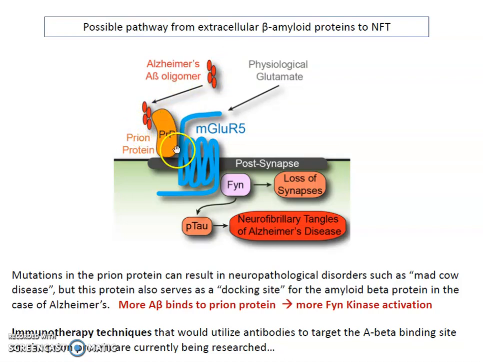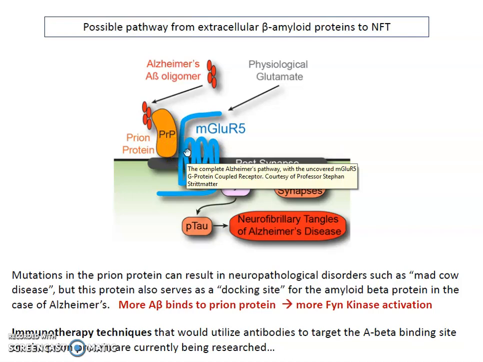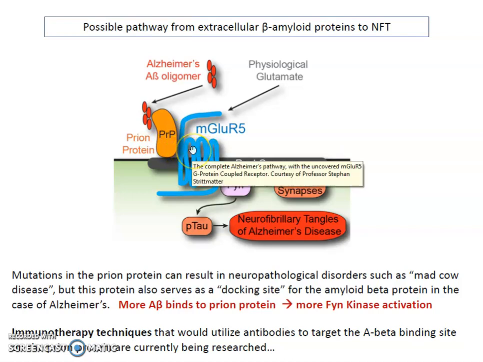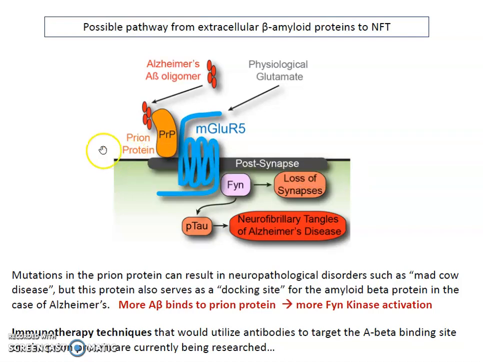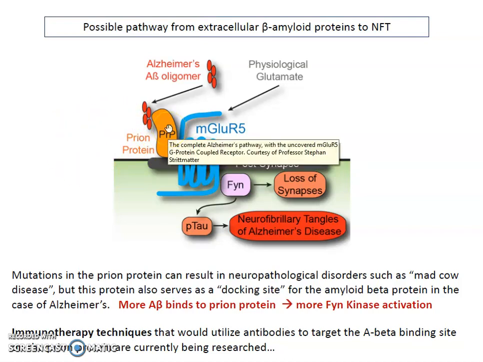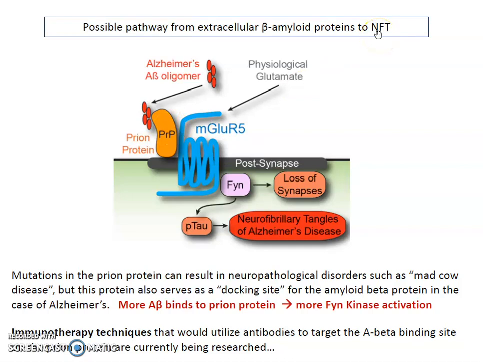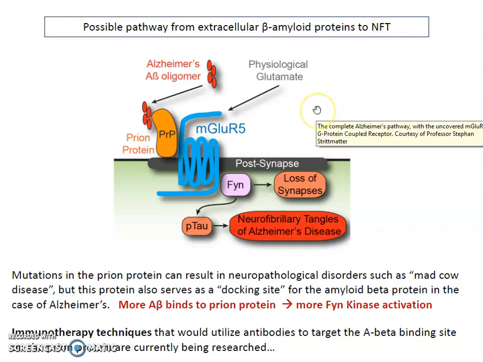Fixation on the prion protein will inhibit the physiological glutamate. Or let's say a mutation in the prion protein can result in neuropathological disorders such as mad cow disease. But this protein also serves as a docking site for the amyloid beta protein in the case of Alzheimer's.